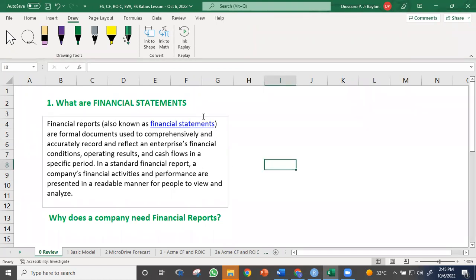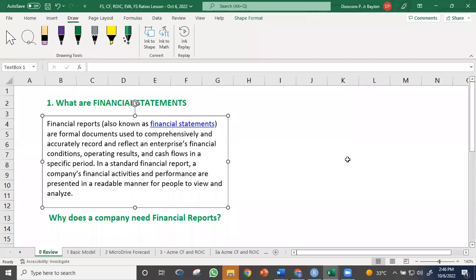Of course, each country may have its own practices and policies, but there's a move to make the financial statements as uniform as possible. That's why we have what we call the IFRS, the International Financial Reporting Standards.